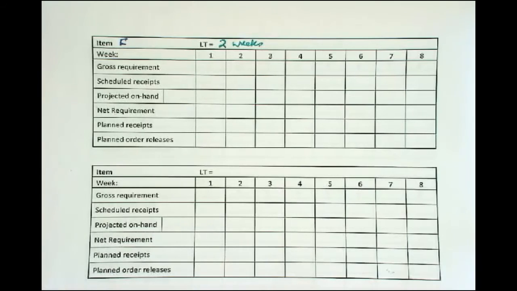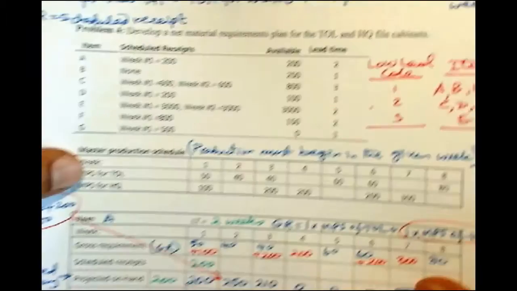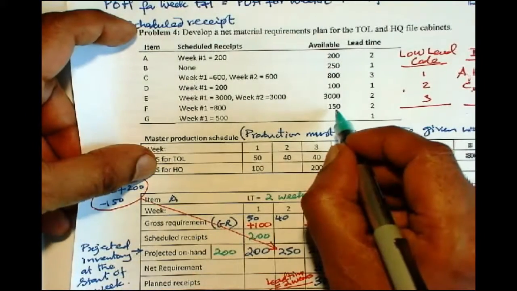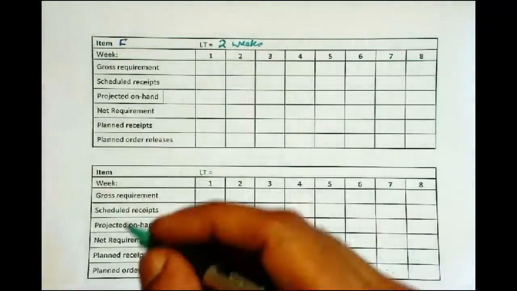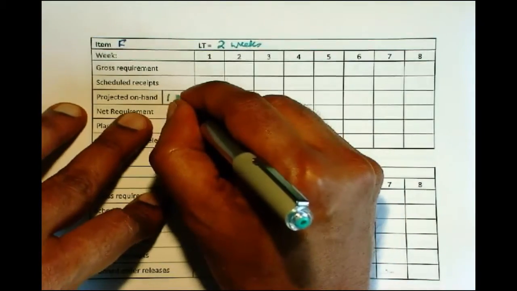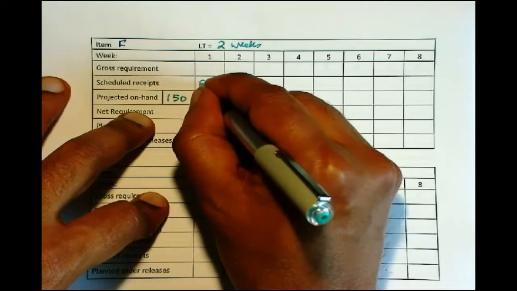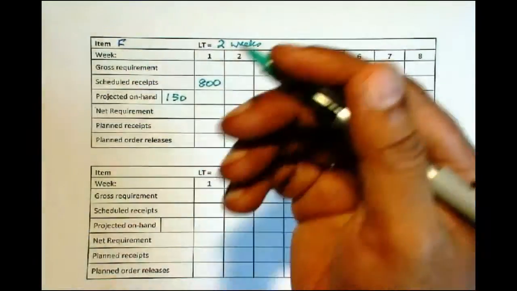What is available is 150, and the scheduled receipt is 800.